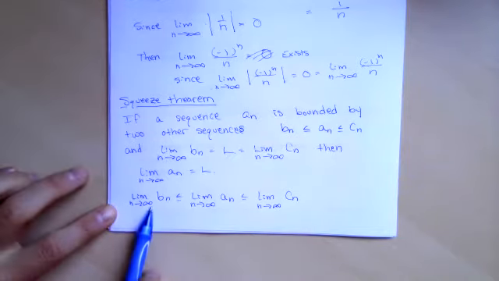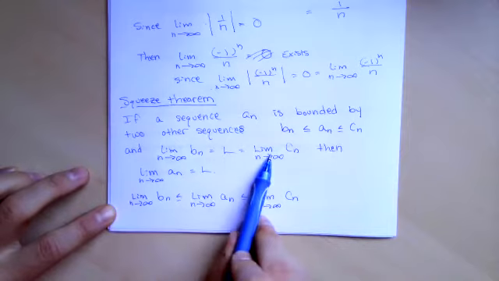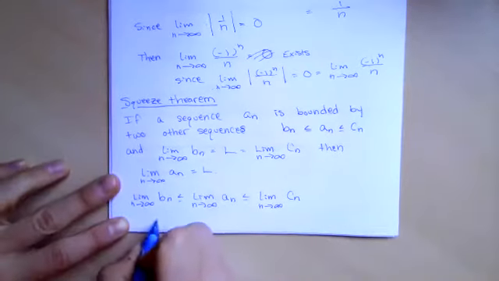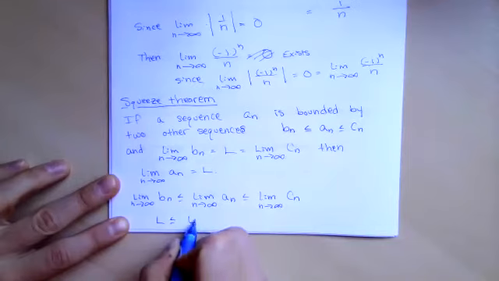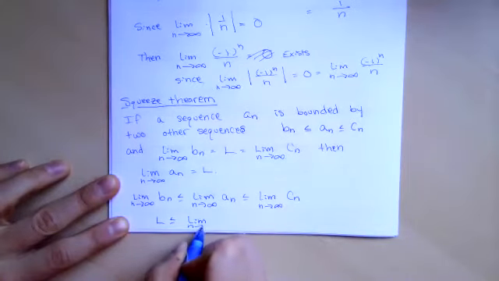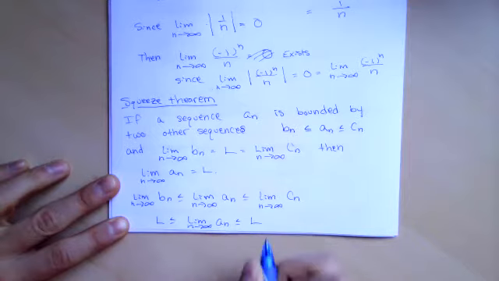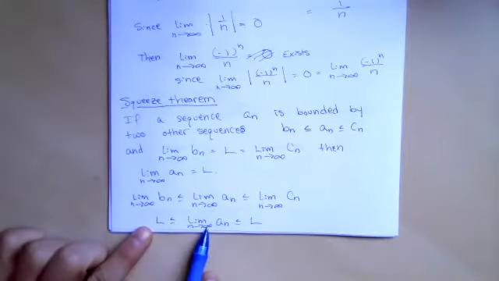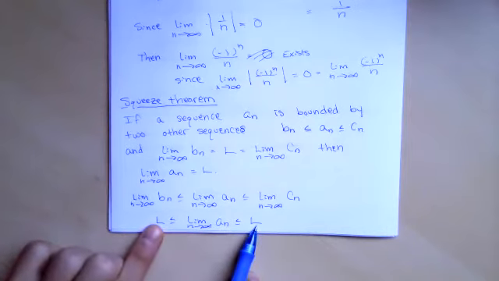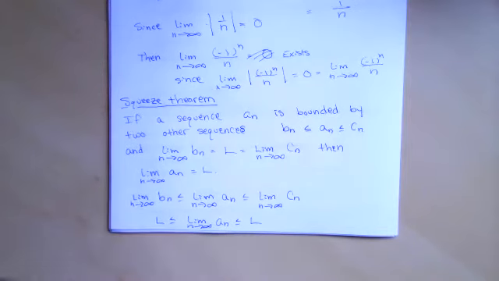And now essentially all we're doing, since b_n and c_n converge to L, then the limit of our original sequence has to be less than and bigger than L, so it has to be equal to L, is the idea behind that.